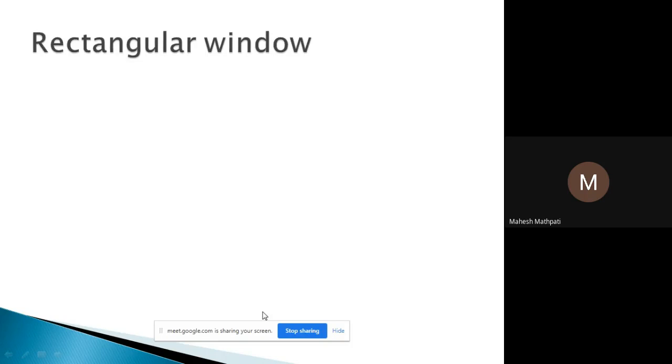Here, while designing a filter using a window, which step is going to change? So steps I have given you.